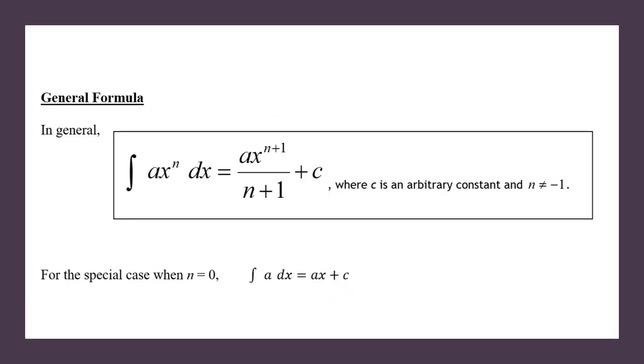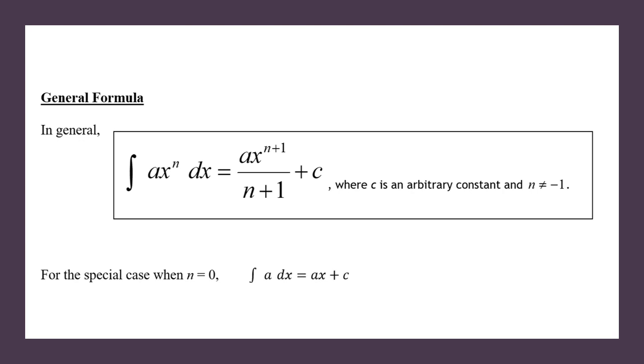Let's summarize what we have learned so far. The integration of a x to the power n will be a x to the power n plus 1 over the new power n plus 1, plus c. C is an arbitrary constant. Alright, here it says that n cannot be equal to -1. Are you able to explain why n is not equal to -1?